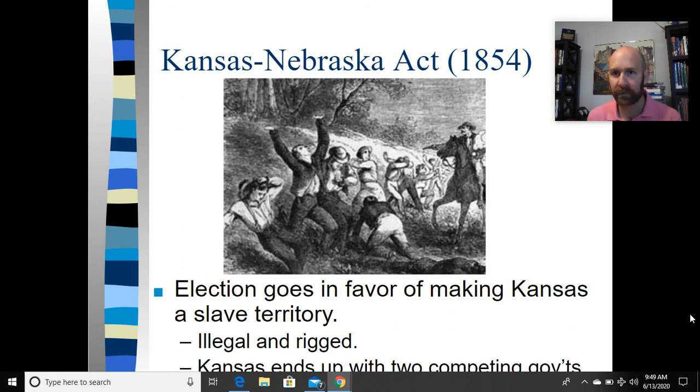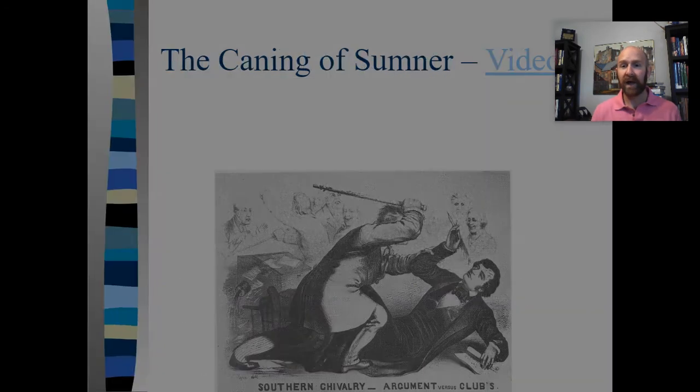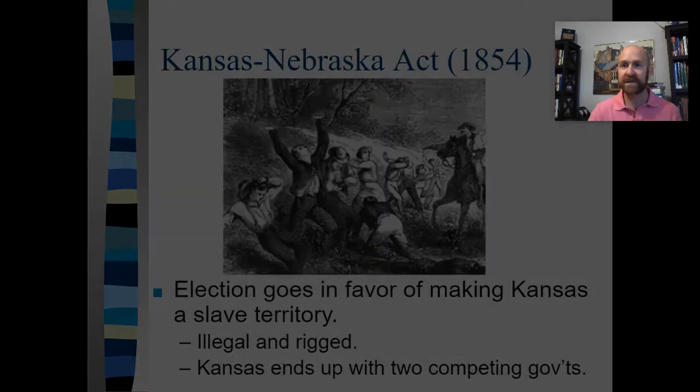That's because people from Missouri voted in it. The people that are anti-slavery say, nope, this was an illegal election. The results shouldn't matter, and they're going to set up their own competing government and make themselves a free state.